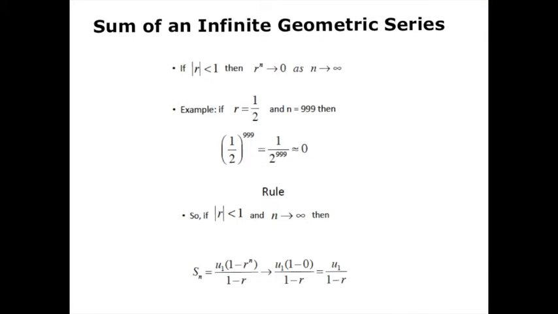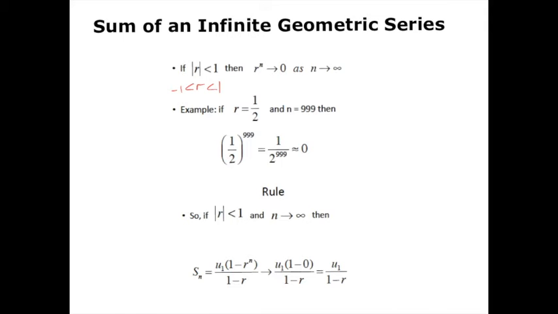So now here's the absolute value condition. What this says is, if r is between negative 1 and 1, then r to the n approaches 0 as n approaches infinity. Now let me explain that.